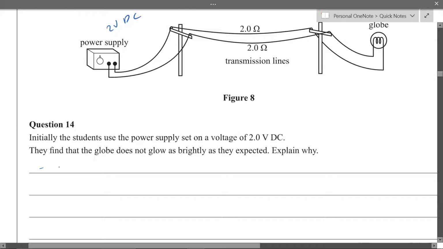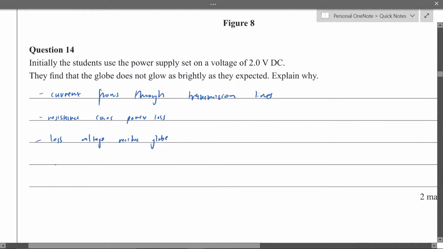So I said current flows through transmission lines, resistance causes power loss, less voltage reaches the globe, hence the globe shines less.